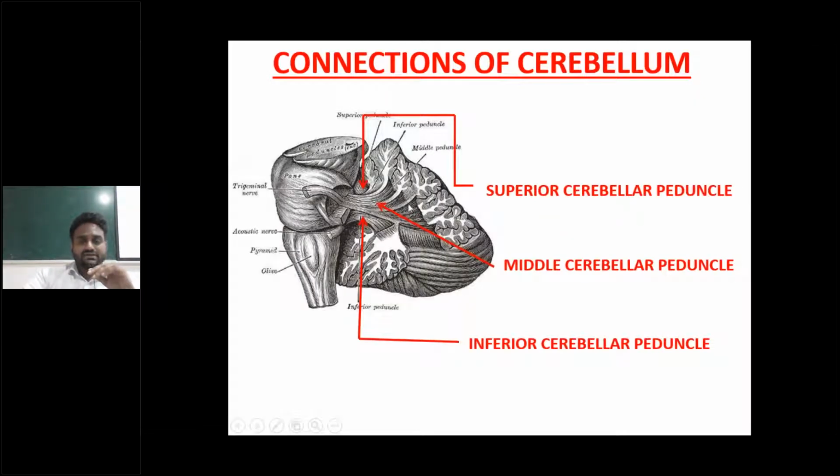In this picture, we can see the superior, middle, and inferior cerebellar peduncles. These three peduncles connect the cerebellum with the brainstem, respectively midbrain, pons, and medulla oblongata.